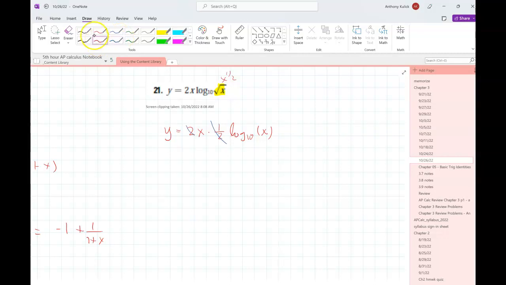And now I'm left with just a product property with no chain rule. Got rid of the chain rule, which is nice. One less thing to worry about. So x times the derivative of log base 10 of x is going to be 1 over x times the natural log of 10, plus log base 10 of x times the derivative of x, which is just 1.